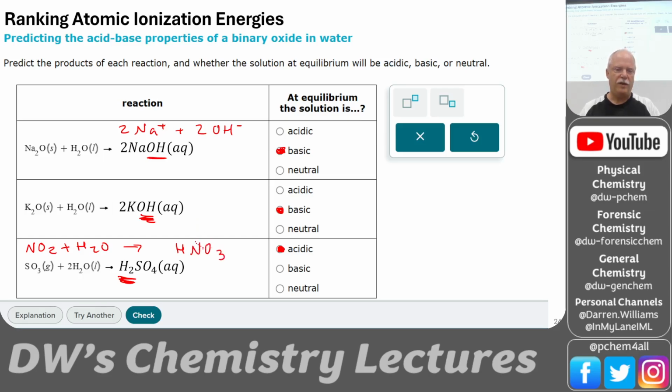We're going to have an extra hydrogen, but anyway, this is what's going on with the nitrogen. It's going to make nitric acid. So those are the acid-base properties of these oxides in water.